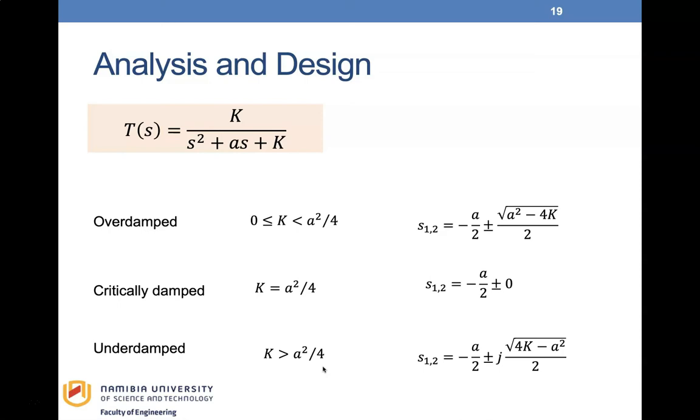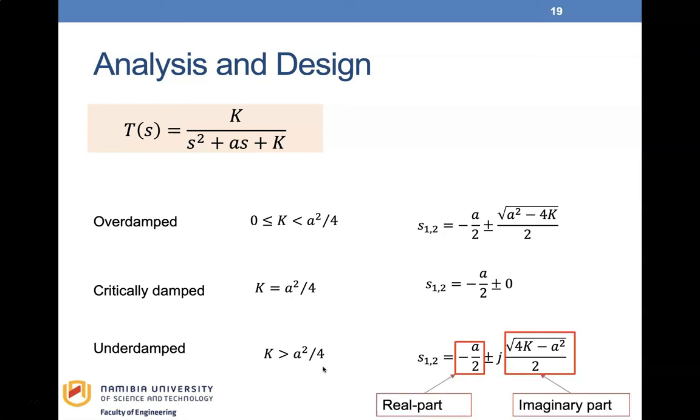With this set of poles, we can see that as K increases, the real part remains the same while the imaginary part increases. In this situation, therefore, the peak time decreases and the percentage overshoot increases while the settling time remains constant. It is these characteristics that enable the engineer to analyze and/or design the controller.